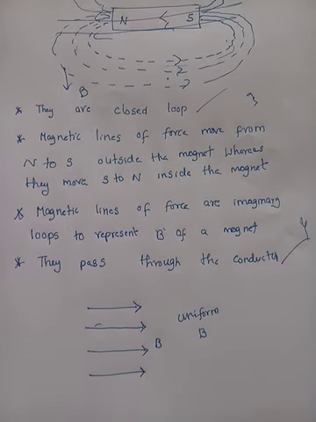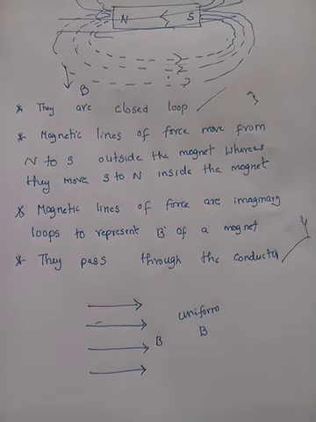Next one is a very important question of this chapter, that is, we have to prove a bar magnet is equivalent to a current carrying solenoid. Okay? Let us prove that a bar magnet is equivalent to a current carrying solenoid. So, the question is what?